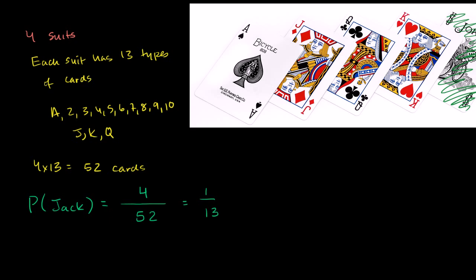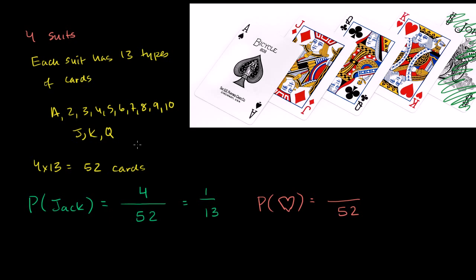Now let's start over. I'm going to put that jack back in and reshuffle the deck, so once again I have 52 cards. What's the probability that I randomly pick a card from a shuffled deck and its suit is a heart? Once again, there are 52 possible equally likely events. And how many of those are hearts?